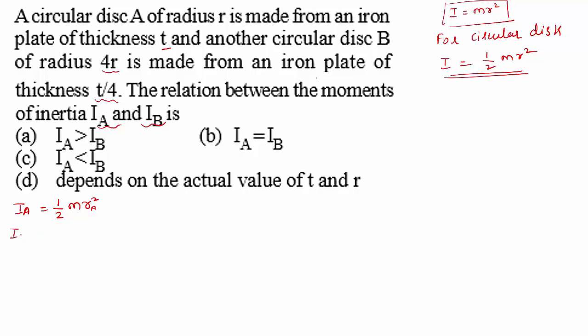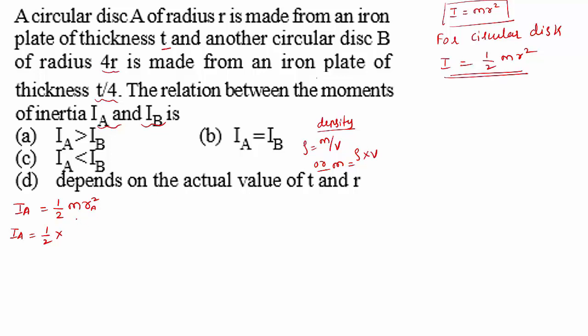Substitute the value: IA equal to 1 by 2 into mass. Mass is not given here, but we know the relation for density. So we know that density rho equals mass per unit volume, or mass equals rho into volume.